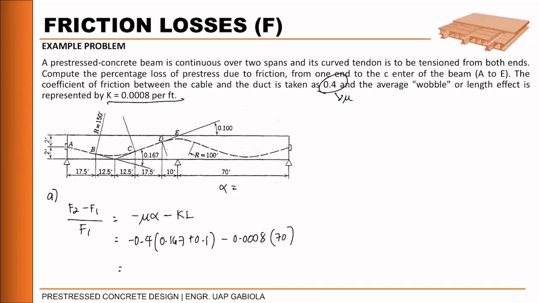So we have a value of negative 0.1628 or 16.28% na loss due to friction.